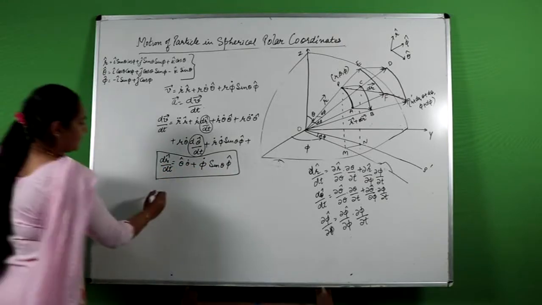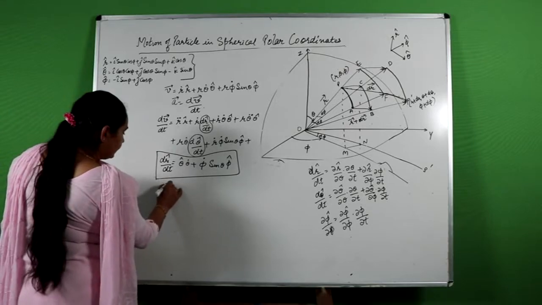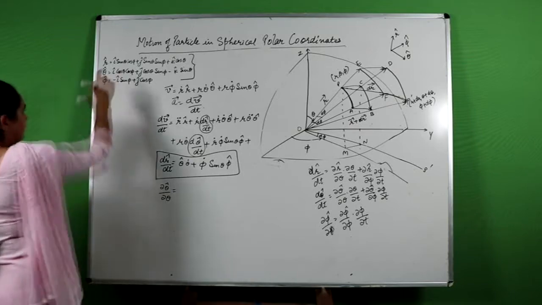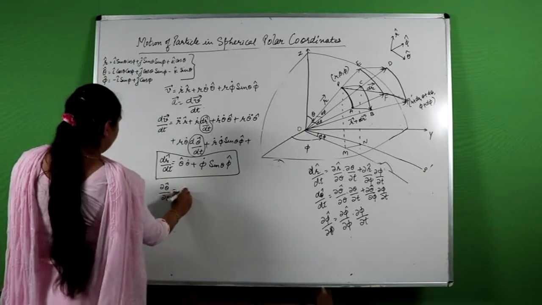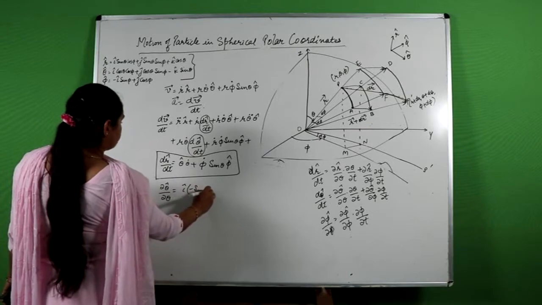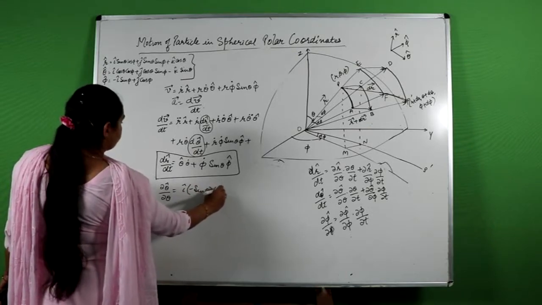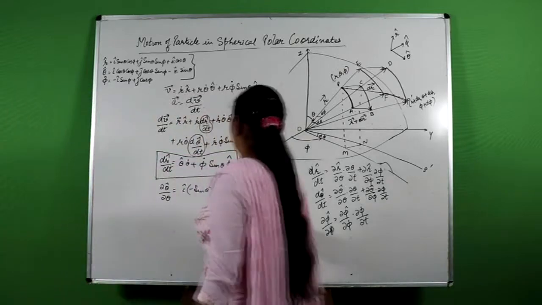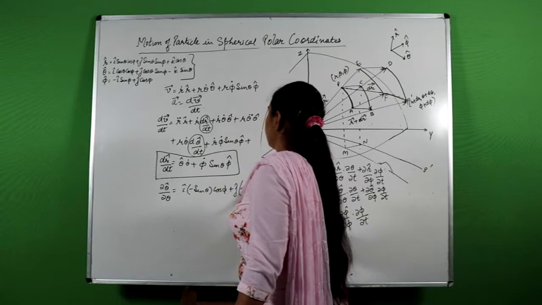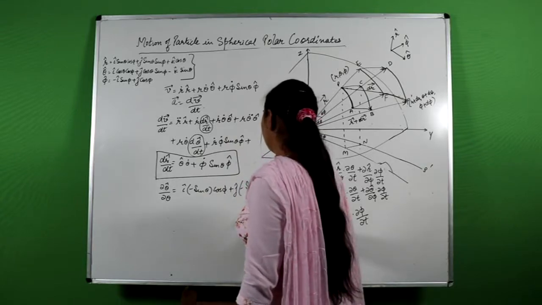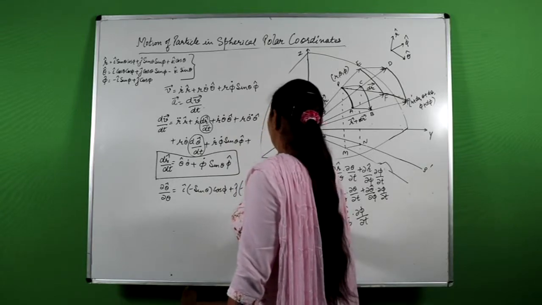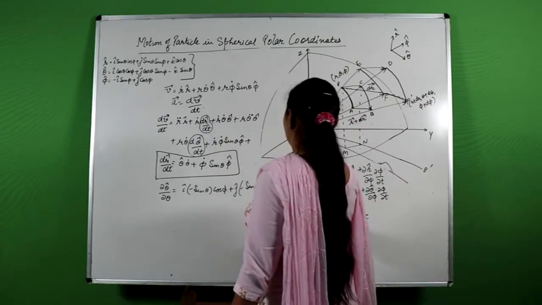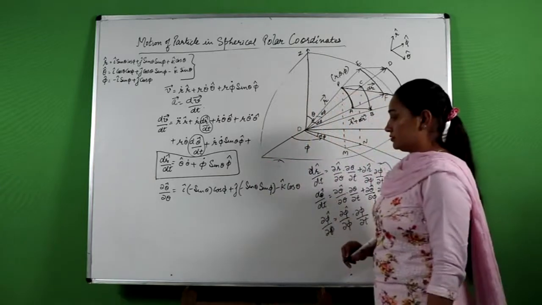Now similarly, I can find the value of ∂r cap by ∂theta. If I differentiate this, I get i cap minus sin theta cos phi plus j cap minus sin theta d theta by d theta, that is 1, into sin phi, minus k cap cos of theta.